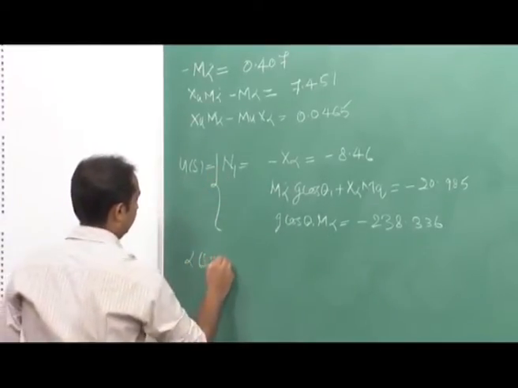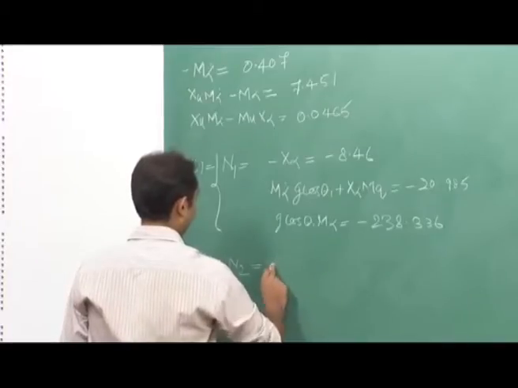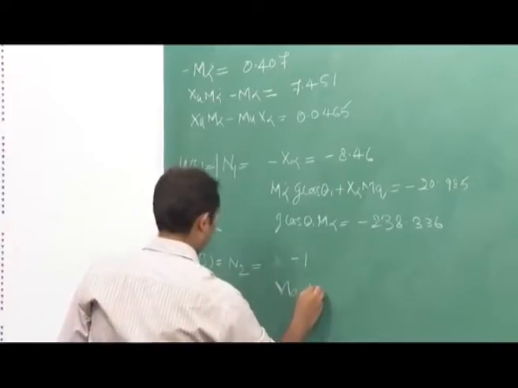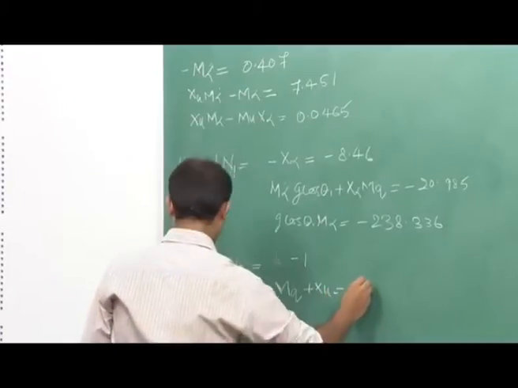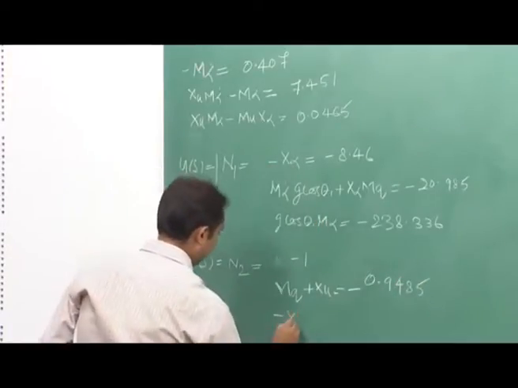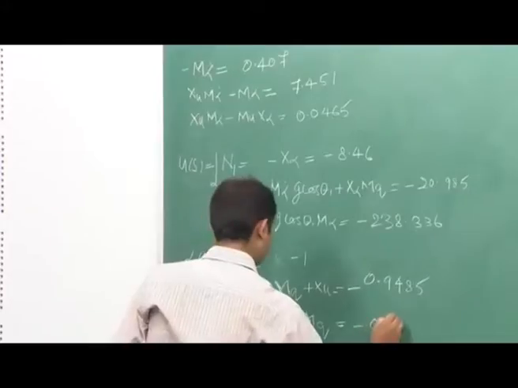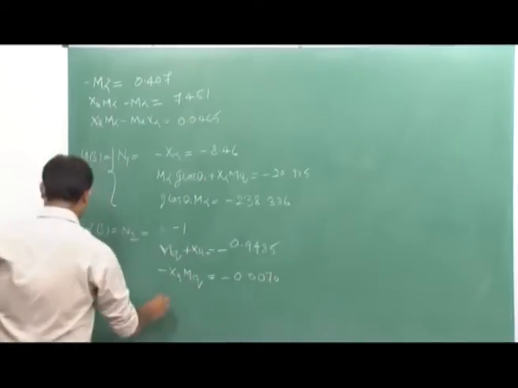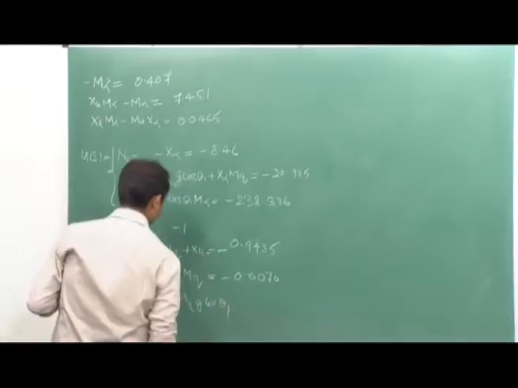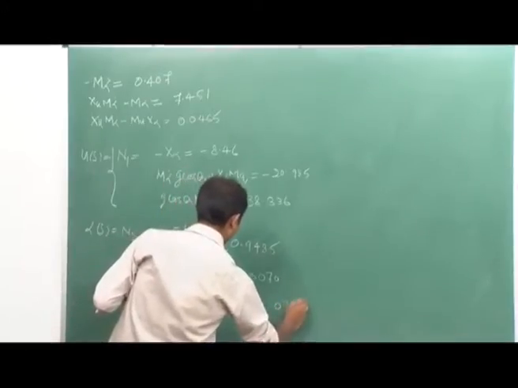For alpha of s, similarly, that is your numerator N2, the coefficients will be: minus 1, mq plus xu equals minus 0.9485, minus xu mq equals minus 0.0070, minus mu g cos theta 1 equals minus 0.0352.